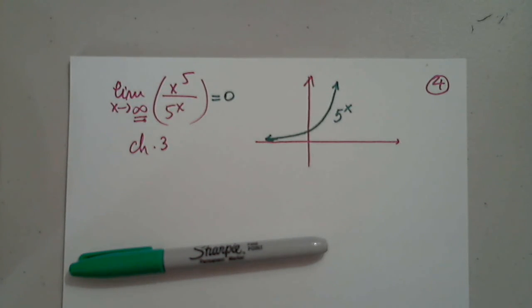E negative 60 means 10 to negative 60. So this will be 0.59 zeros 12676. Who cares? It's 0. Again, this will be much easier to show you why in chapter 3, and I promise I'll go back to it.